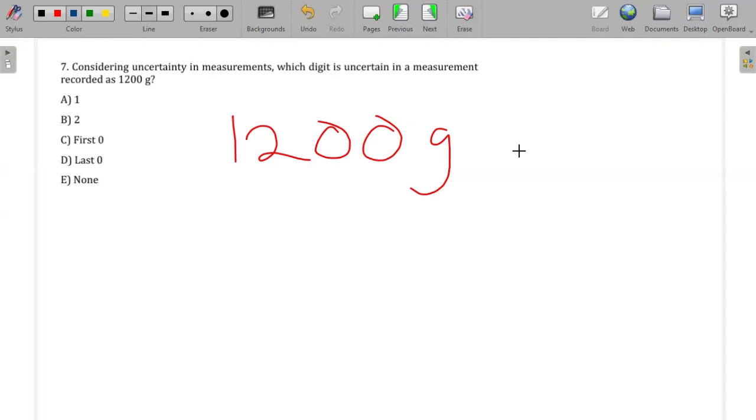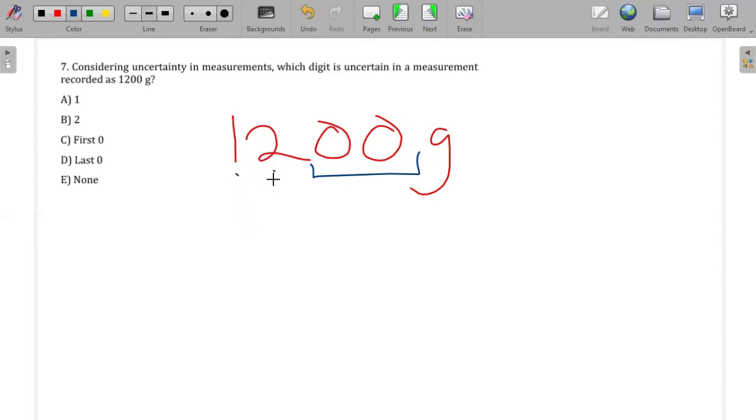We said the uncertain digit is always the last significant figure in a given number. And then we also looked at the rules on how to count the number of significant figures that you have. So these two zeros here are trailing zeros. They are not significant because there's no decimal point here. So the only significant figures I can see here are 1 and 2.